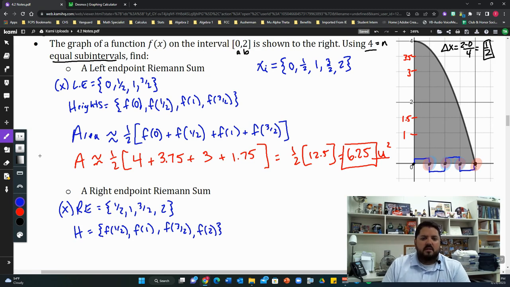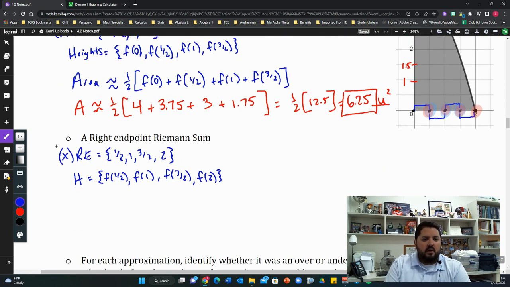So then to set this guy up, our area will be approximately equal to, again, the same width as the left endpoint Riemann sum, but now inside we'll use some of the same endpoints. Any of these inner ones, any x value that's not A or B, would be used in both the left endpoint and the right endpoint Riemann sums.